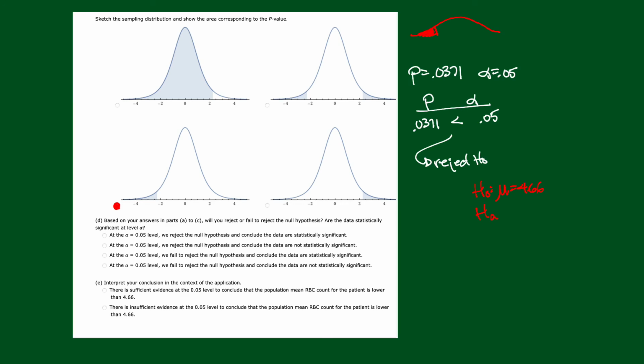Our H sub A says that mu is less than 4.66, and our observed value was 4.4. So we're saying that there is a significant difference between the 4.4 and the 4.66. That's what we mean when we reject. There's a numerical difference, but it's also statistically significant. So we're going to go with this top choice right here.